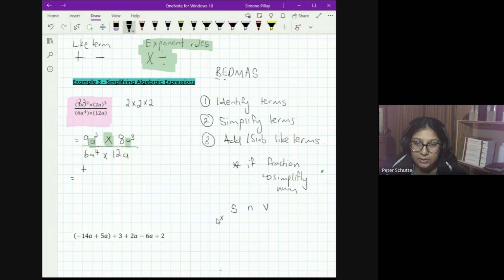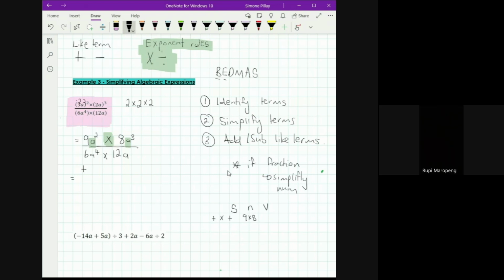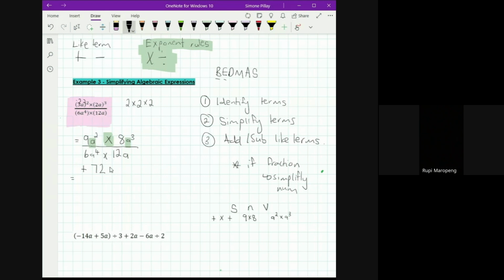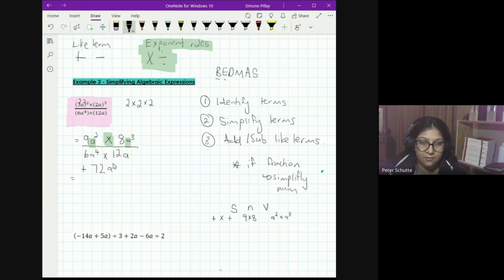My numbers are 9 times 8. Do you know what is 9 times 8? 72. Good job. So that is going to give me 72. And then my variables are a squared multiplied by a cubed. If I apply my exponent rule there, what will my answer be? A to the power of 5.